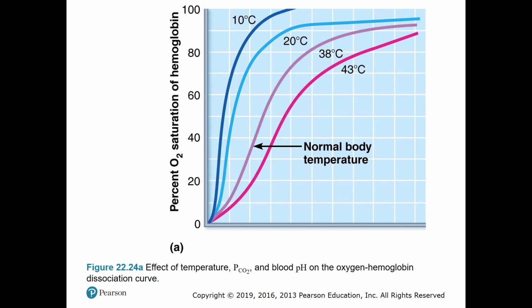So the end result is that it decreases oxygen unloading from the blood. Figure 22.24 shows the effect of temperature on the oxygen hemoglobin dissociation curve. We can see from this curve that changes in temperature affect the slope of the hemoglobin saturation curve. As the temperature rises, hemoglobin releases more oxygen.